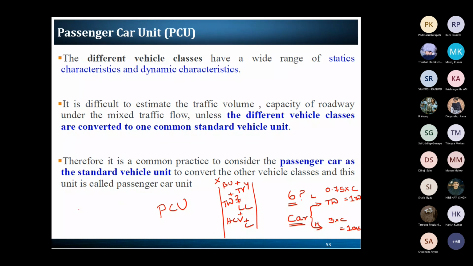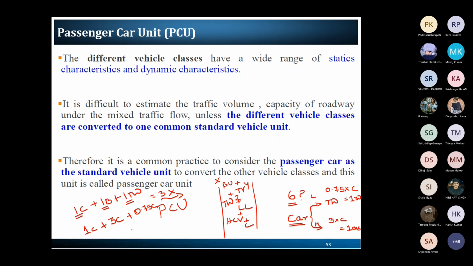So on a road stretch, if you are observing one car plus one bus and one two-wheeler, we cannot say that it is 3. It leads to difficulty in understanding. For that, one car is equal to one car only, but one bus is equal to 3 cars and one two-wheeler is equal to 0.75 car.